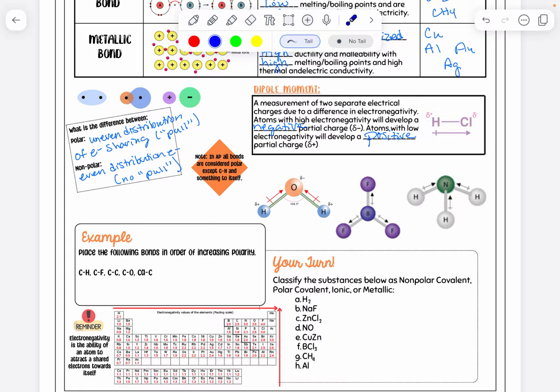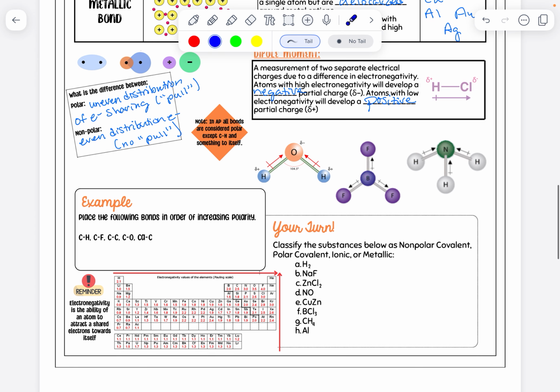We also signify this with an arrow. The tip of the arrow is our negative dipole, and then we make a little plus on the other side for our positive dipole. Here's examples of how this is illustrated with water. Notice the arrows go towards oxygen, which is more electronegative, and away from hydrogen, and then they put these little delta positives and delta negatives on the charges.